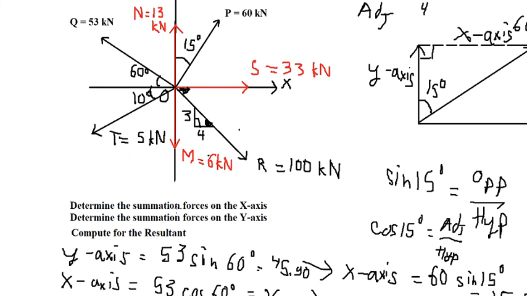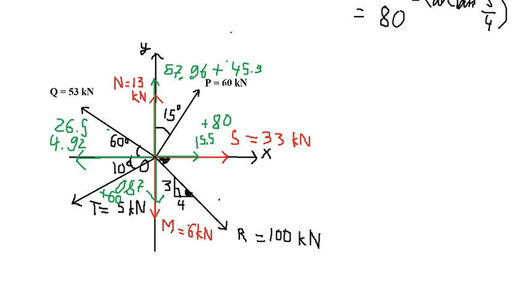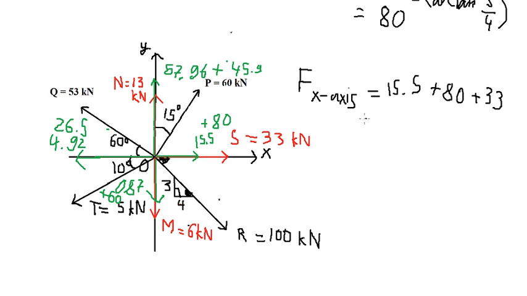Now we need to find the summation force on the x-axis. So right now we just consider about this one. Now we zoom on about the force for x-axis. We need to know that this force in here is opposite this force in here. So we need to use 15.5 plus 80 plus 33 in here minus 26.5 minus 4.92.